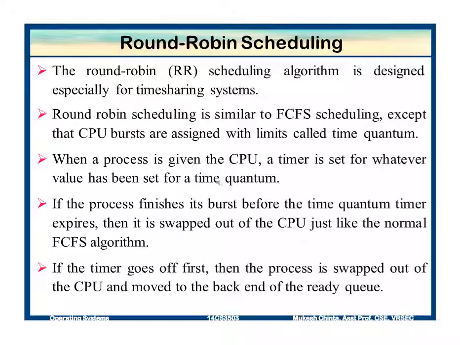And if the process finishes its burst before the time quantum's timer expires, then it is swapped out of the CPU just like the normal FCFS algorithm. Once a process is executed for a given time period, it is preempted and another process executes for a given time period.